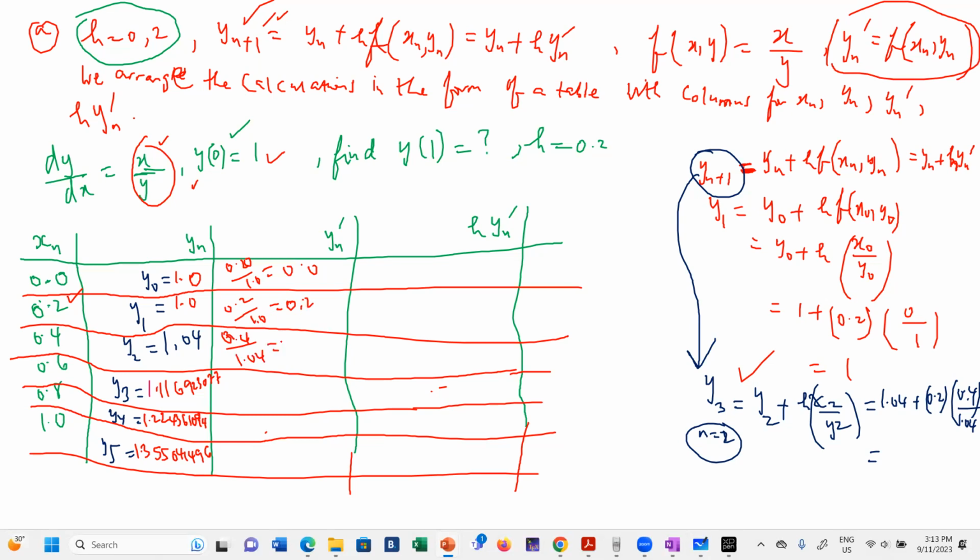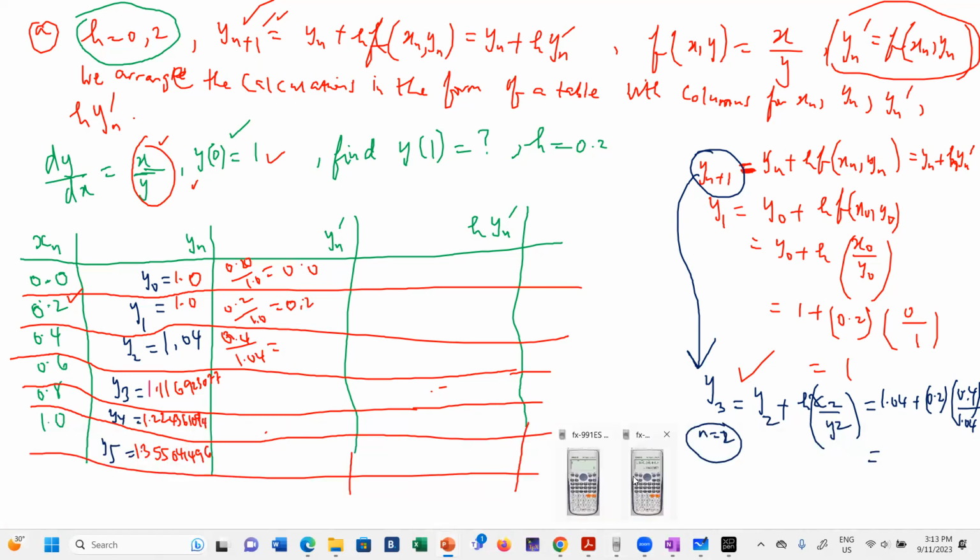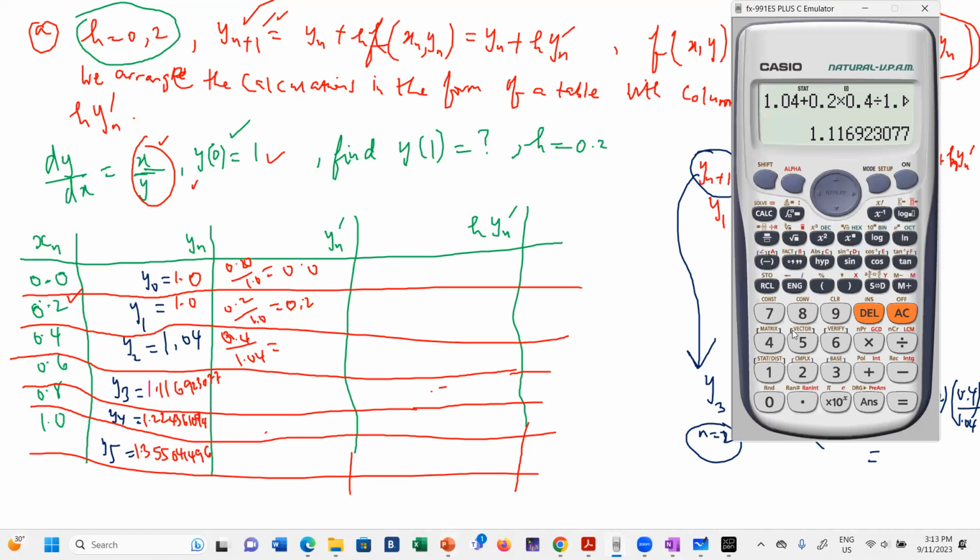This one needs another calculator. Let's see if this calculator can be of assistance here. So 0.4 divided by 1.04, and then what is the result? 0.38. That's the correct answer.